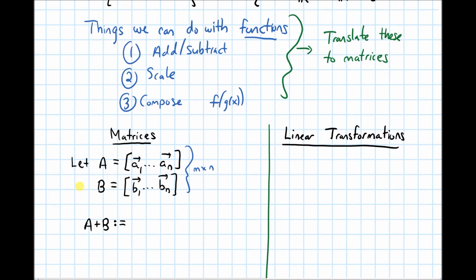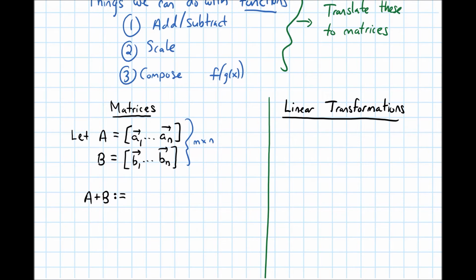In the context of linear transformations, the transformation associated to A would be T sub A, and that goes from Rn to Rm. Similarly, the transformation associated to B, let's call it T sub B, goes from Rn to Rm.